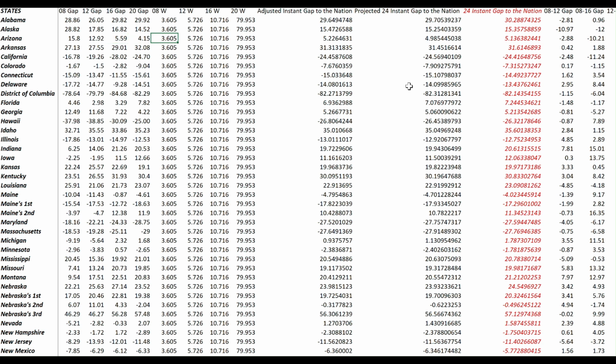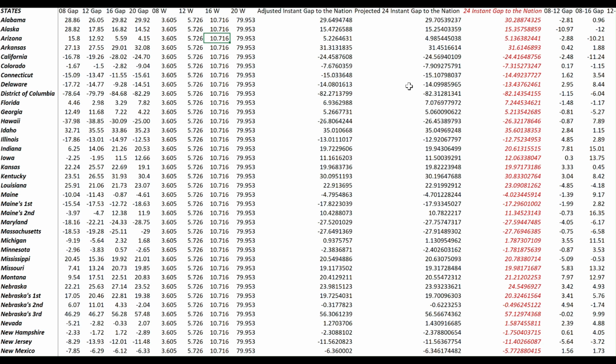In this case, it means that from 2016 to 2020, the state has a positive shift of 1 point in favor, for example, of Republicans to the right of the nation, which means that the state is actually trending to the right of the nation, not only in the simple raw numbers compared to the nation, but also in the shift to the nation.